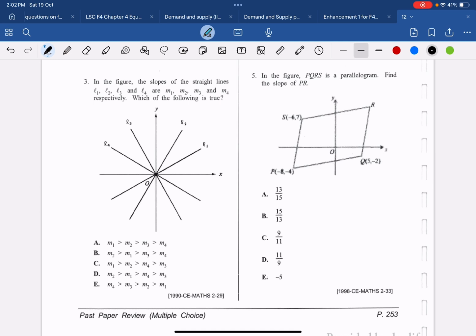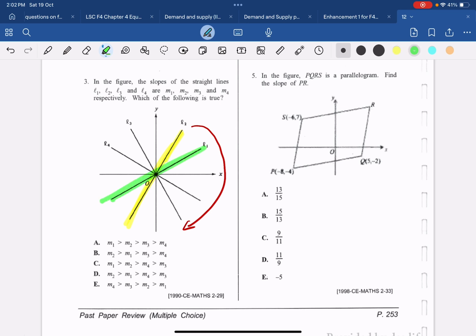You can see there are 4 straight lines, and they are asking you to compare the slope of these 4 straight lines. Whenever you come across this question type, you just draw an arrow from the upper left-hand side. Then it will arrange the slopes in descending order. This one has the largest slope because it's the steepest.